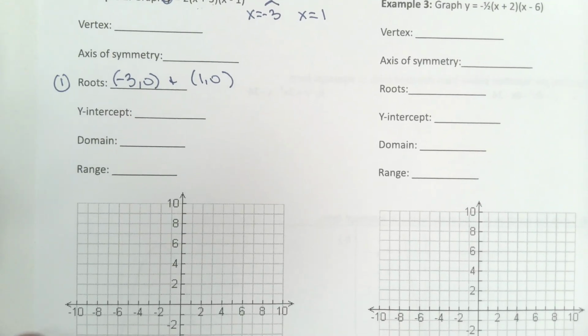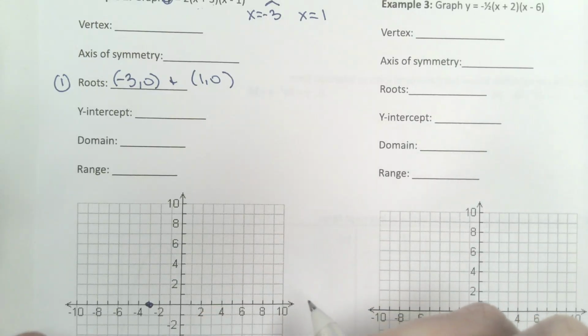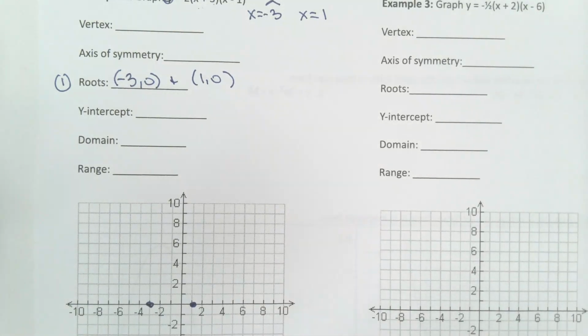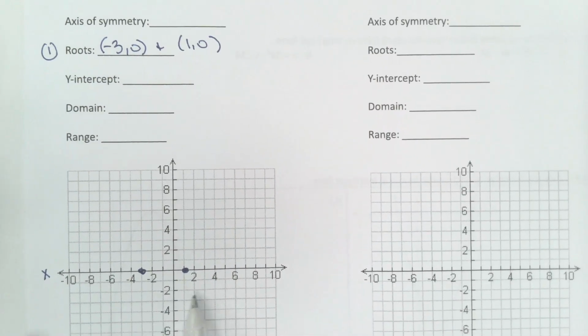I'm going to graph them as I go. -3 and 1. So when you find your roots, or your solutions, or your x-intercepts, now I know that it's crossing there and there.